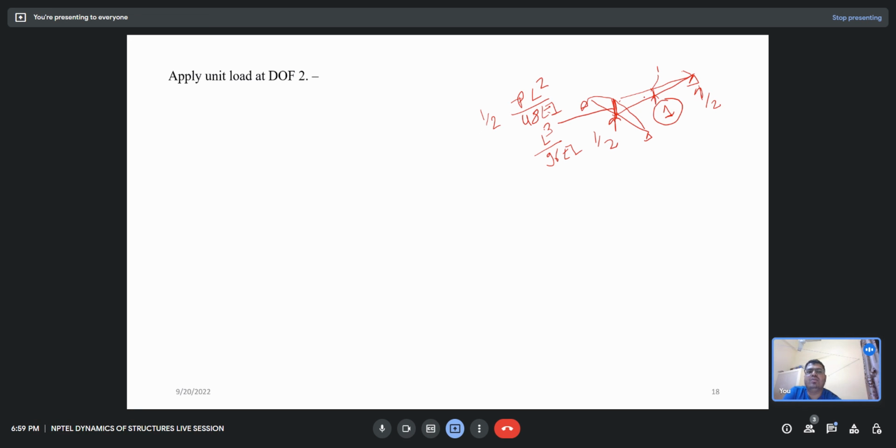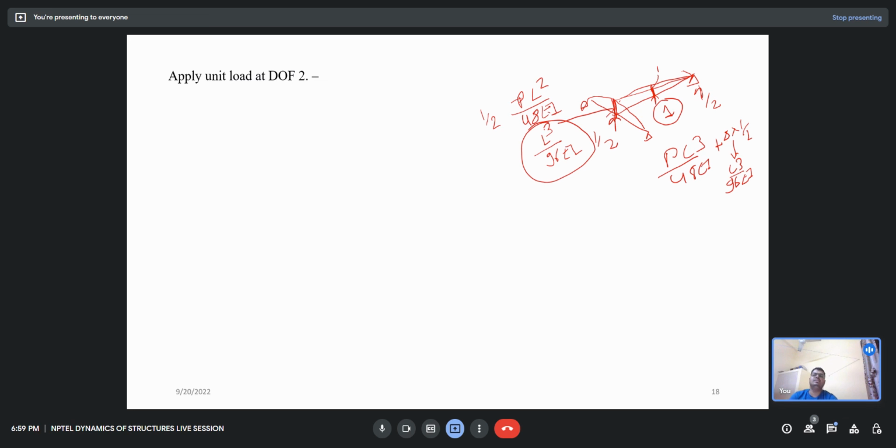And at this point, I have to calculate the deflection due to the unit load, which is PL cube over 48 EI, plus the extra deflection. This much is the extra deflection, which will be linearly varying. Here it is L cube, like delta, so that will be delta into 1 by 2, which is L cube over 96 EI.